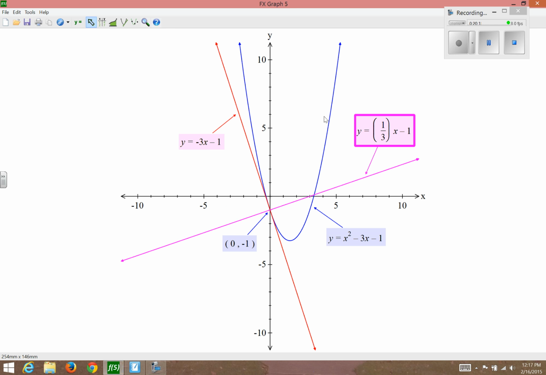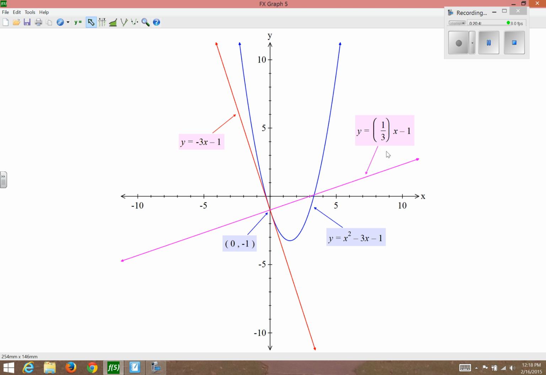This blue graph is the given function, y equals x squared minus 3x minus 1, blue. This red line is the tangent line, y equals negative 3x minus 1. Tangent means it's touching the parabola at 0, negative 1. And this magenta line, y equals 1/3 x minus 1, is called normal.